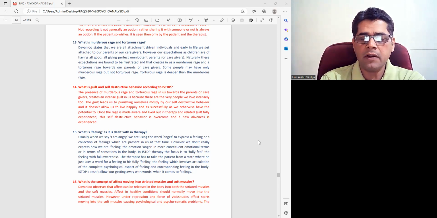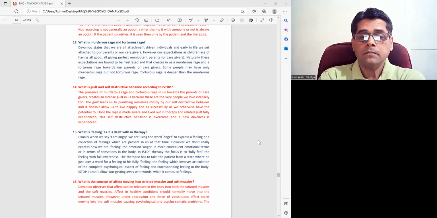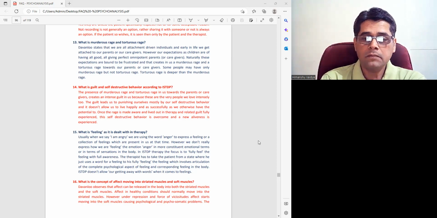Smooth muscles are involuntary muscles, whereas striated muscles are under the voluntary nervous system control. We don't want anxiety to go into smooth muscles, because that is something which will lead to psychosomatic problems. And if anxiety is very high, even higher than going into smooth muscles, it goes into what is called CPD, cognitive perceptual disturbance.